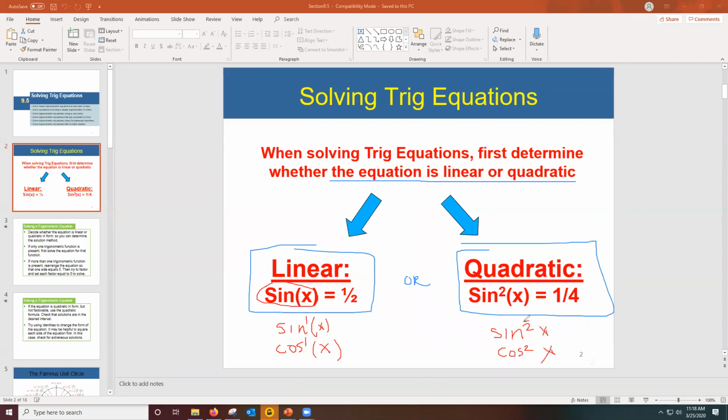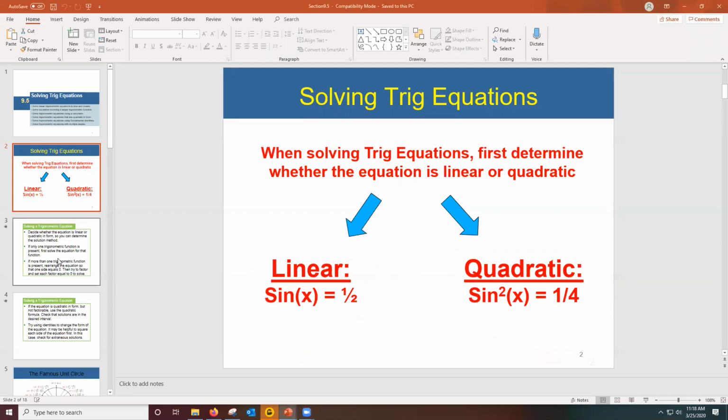And of course, if the exponent is 2 on the trig function, that's how you know it's quadratic. All right, so look at the trig function. If it has an exponent 2, it's quadratic. If it doesn't have an exponent 2, it implies the exponent is 1, so it'll be linear. All right, so that's step 1.